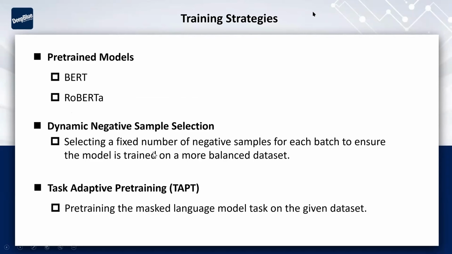We select a fixed number of negative samples for each batch to ensure the model is trained on more balanced data. Third, we adopt task-adaptive pre-training, abbreviated as TAPT, to pre-train the masked language model task on a given dataset.